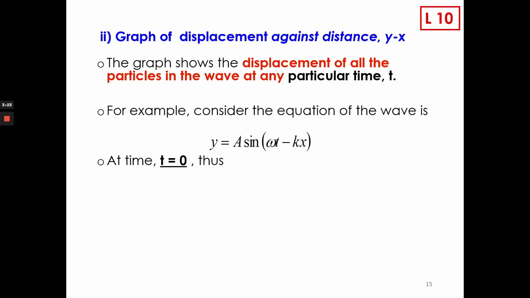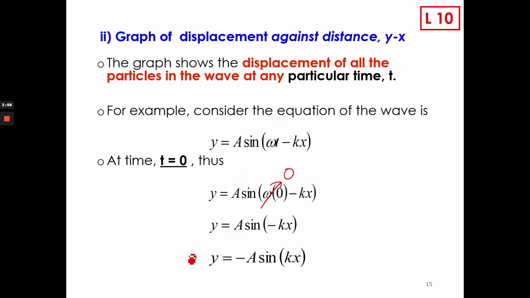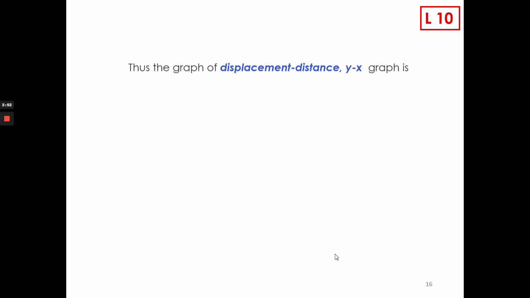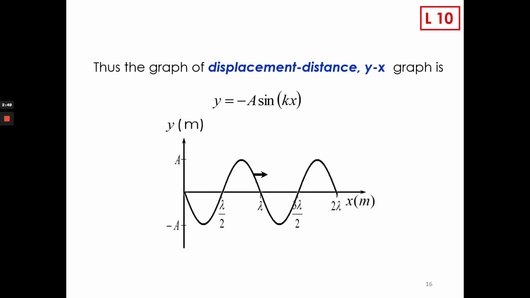Second, a graph of displacement against distance shows the displacement of particles at any time t. For example, t equals 0. Your formula will be A sin of negative kx. Moving the negative out, your equation will be y = −A sin kx. What does this mean? The graph of y against x, as t equals 0, will be a negative sine graph.